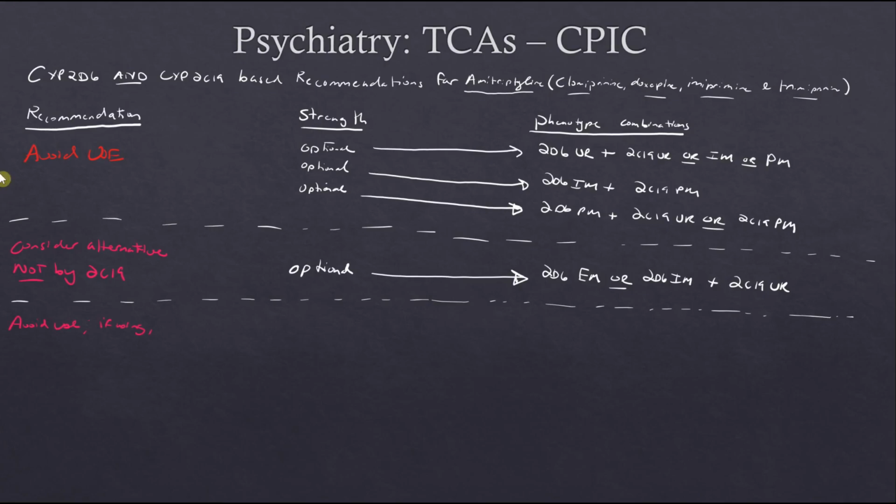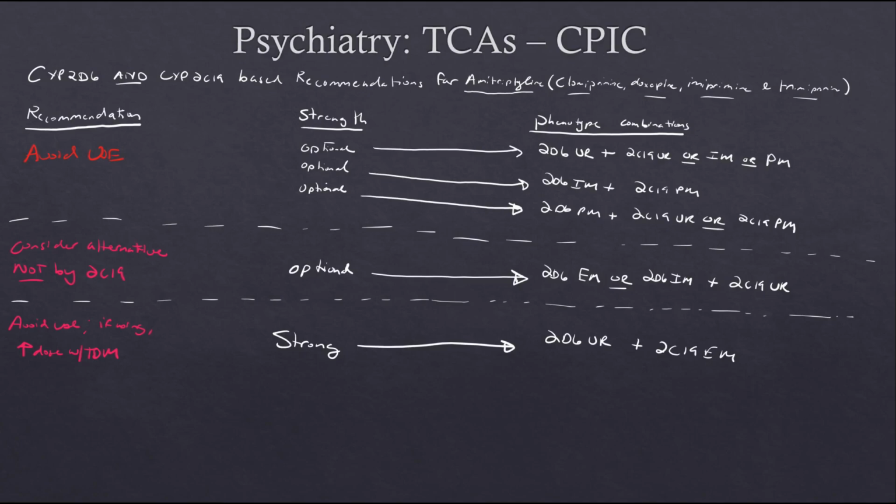And this recommendation says to avoid use if possible. However, if you are using, increase the dose with therapeutic drug monitoring. So let's take a look at what combination of phenotypes this exists for. And that's the combination of a 2D6 ultra-rapid metabolizer, so again, causing lower levels of drug, with a 2C19 extensive metabolizer, and the evidence here is strong.